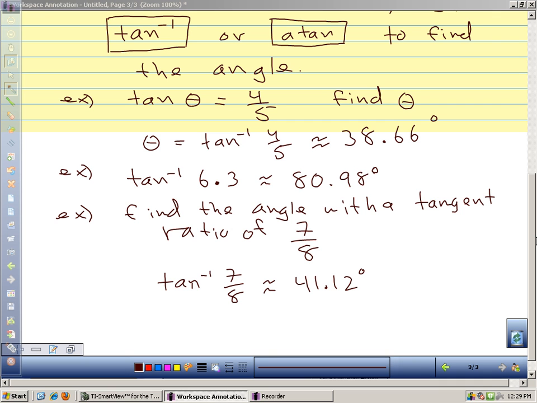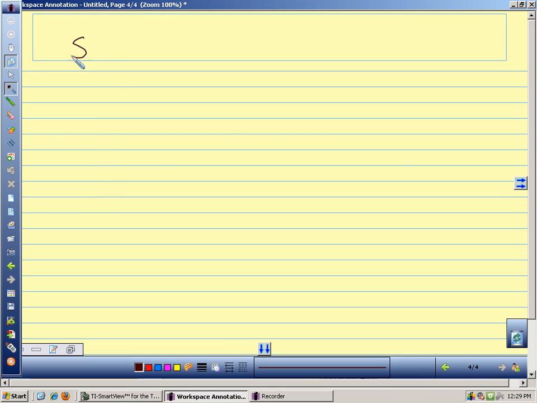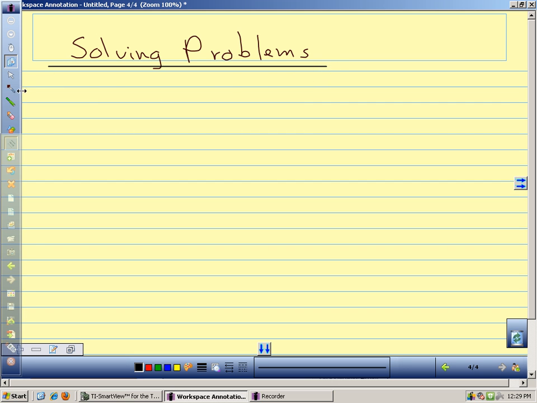All right, let's talk about how we solve problems with tangent ratios. So I'm going to give you some steps for solving problems. If you follow these steps, your problems will come out right every time. So the first step is you want to label the sides of the triangle.